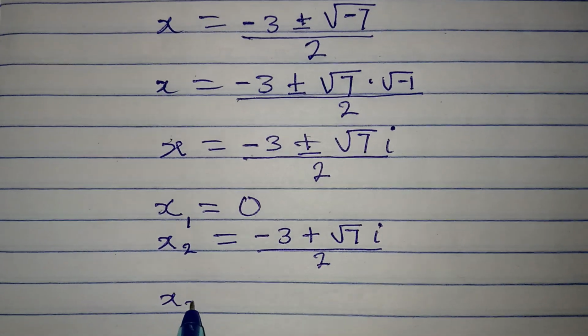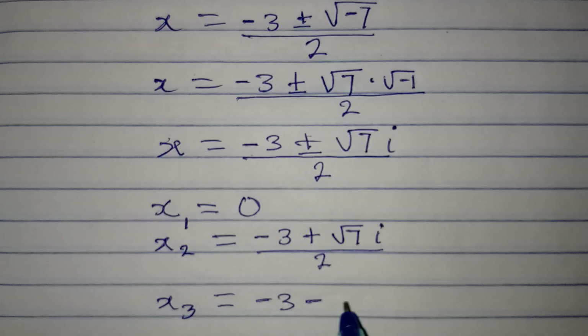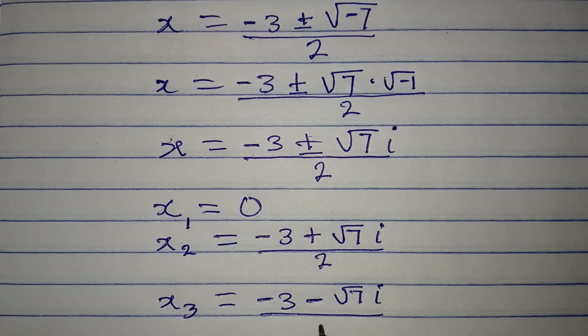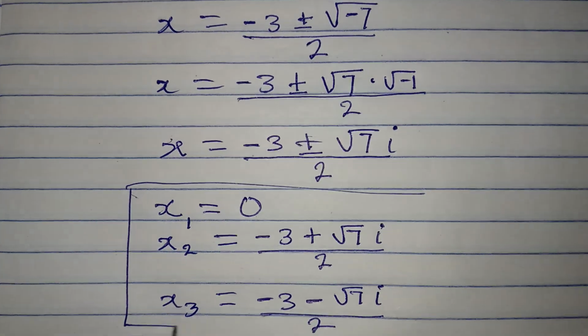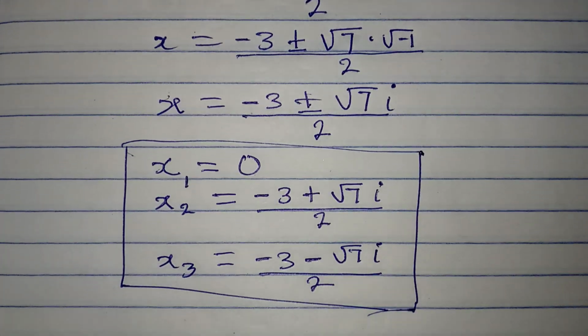Then our x3 is minus 3 minus square root of 7i, and this is over 2. So these are the 3 solutions to the equation.